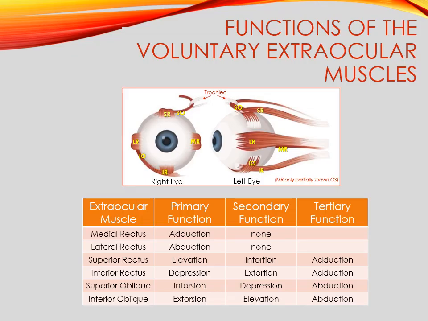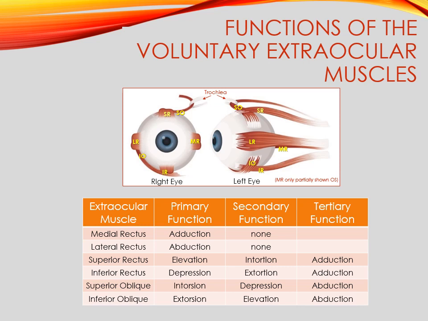Each of our 6 extraocular muscles plays a role in positioning the eye about 3 axes of rotation. The primary action of any given muscle is the principal effect it has on eye rotation. Lesser effects are called secondary or tertiary actions. The precise action of any particular muscle depends on the direction of the eye in space.